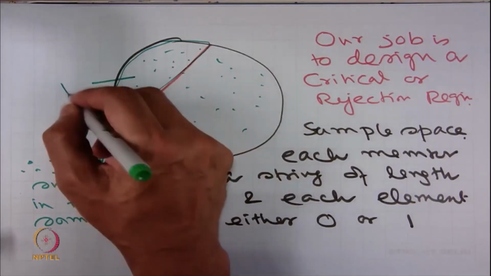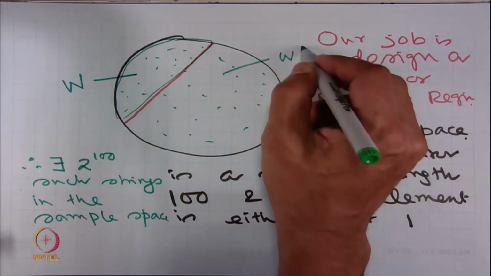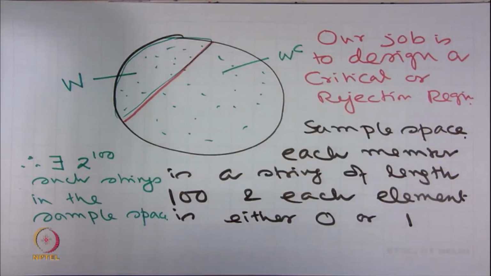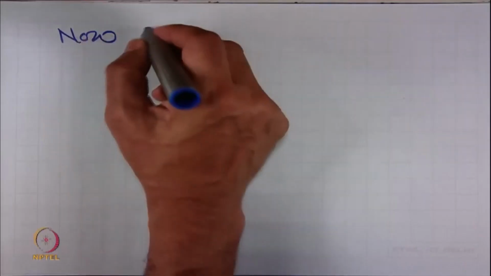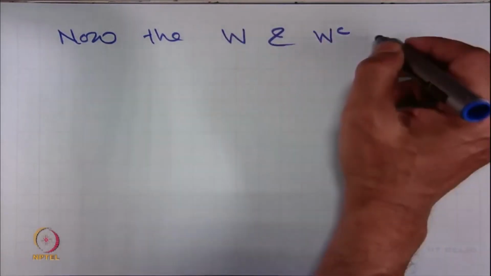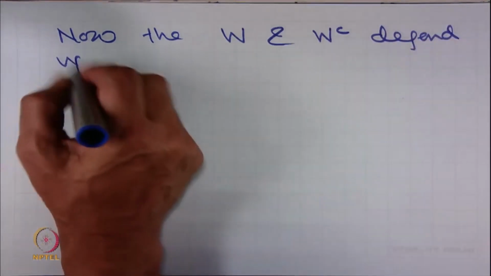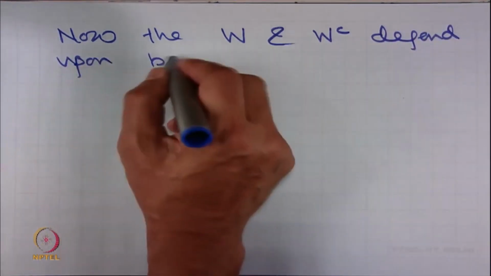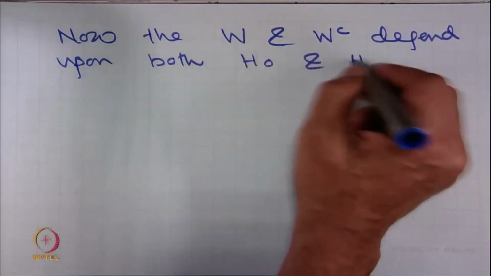So, this is called W, and this side is called W complement, which gives us the acceptance region. Now, the W and W complement depend upon both H naught and H 1.